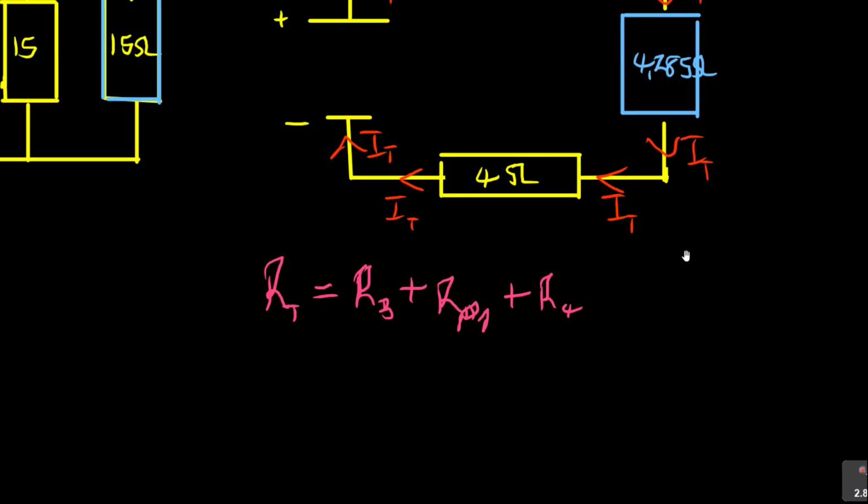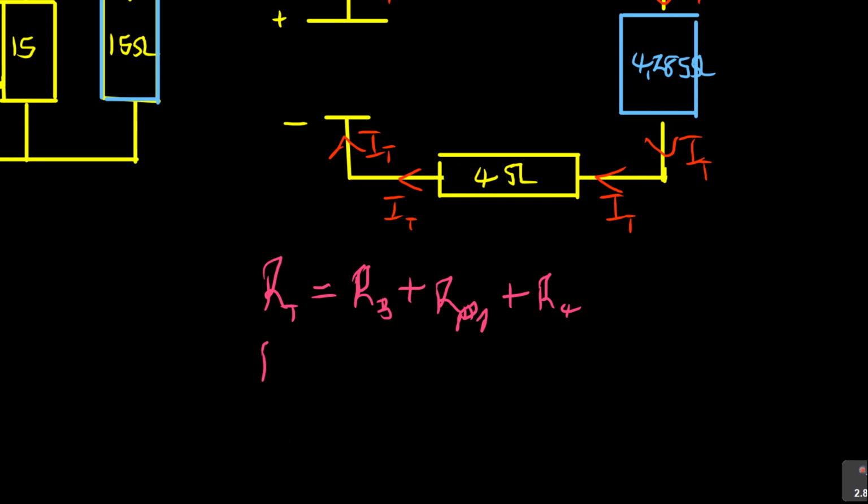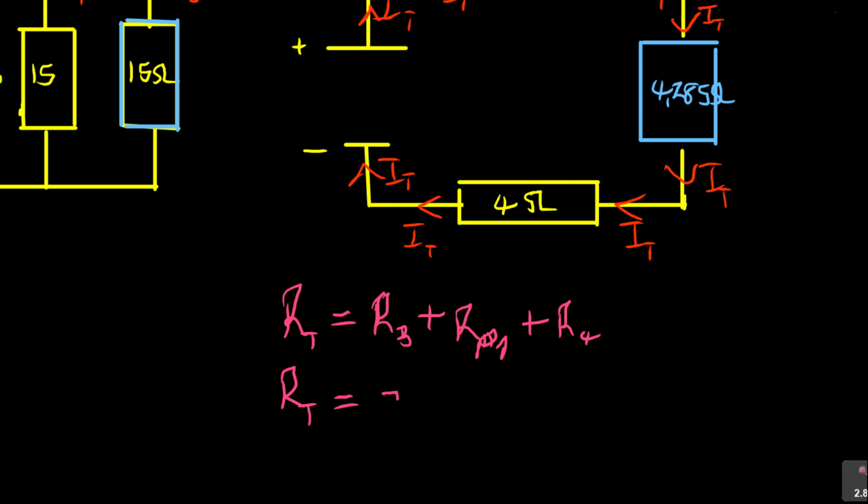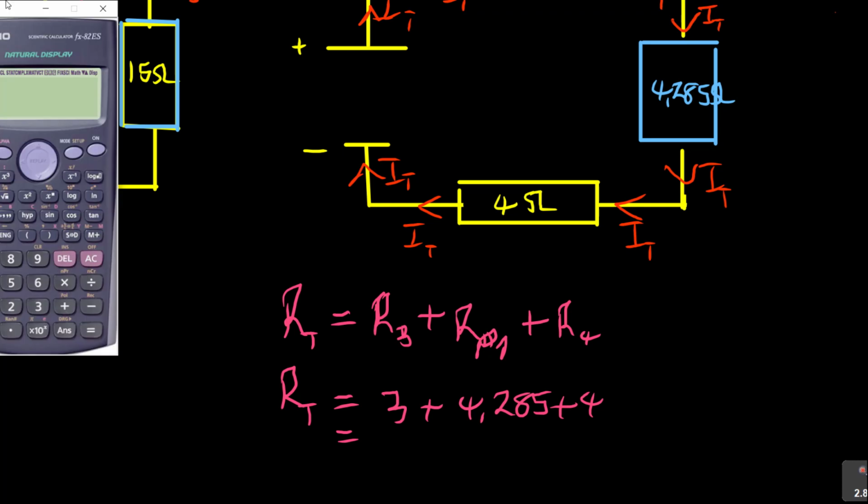So now what am I adding? RT is equal to the 3 ohm plus the 4.285, or the 30/7, plus the 4. You can actually use 30/7 there if you want to maintain the actual decimals properly.